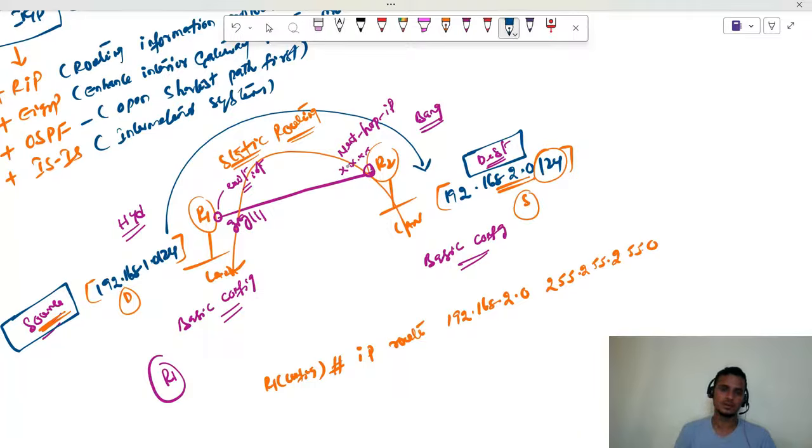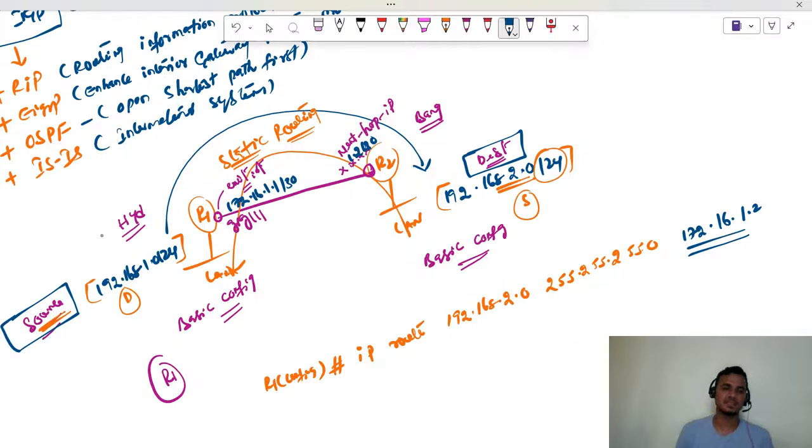Consider here I assign 172.16.1.1/30 on this side and 1.2/30 on the other. So the next hop IP address is 172.16.1.2. You can assign either the next hop IP address or the exit interface.